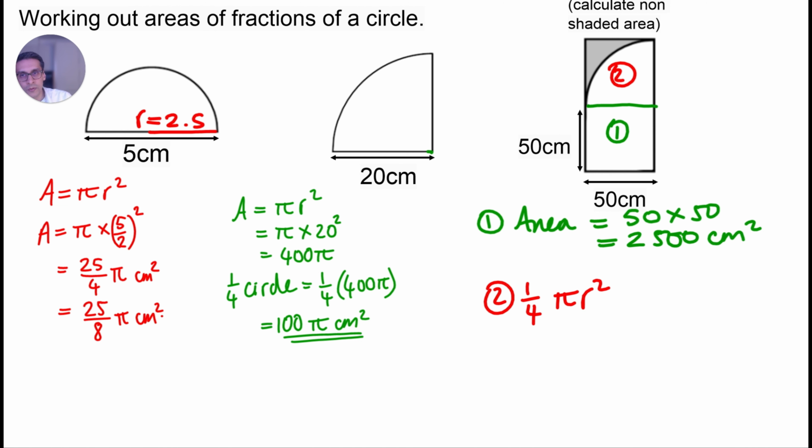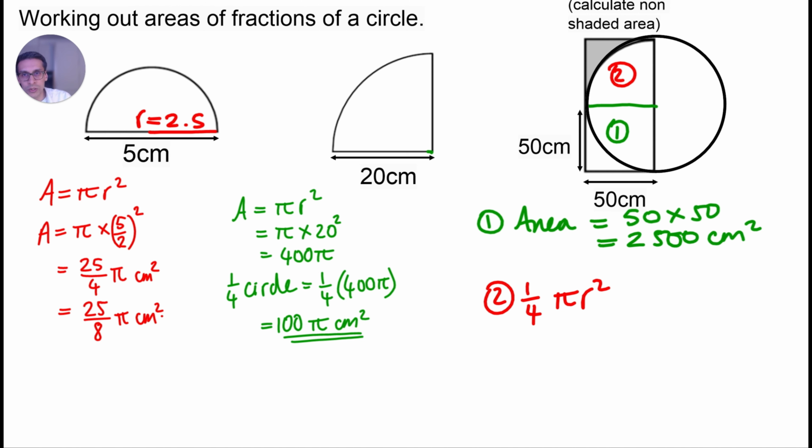And then for the second shape, which is the quarter circle, it's 1/4 pi r squared. Now if that was a full circle, you can imagine it would look like this, and that would mean that this is the radius. That's terribly drawn. I'm going to try that again. This is what the circle would look like. Actually, I might be able to use the circle drawer here. That's roughly what the circle would look like.